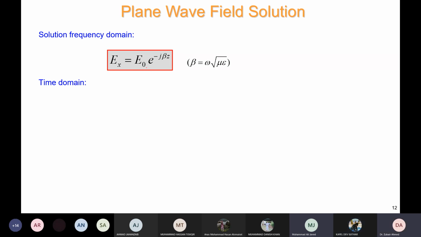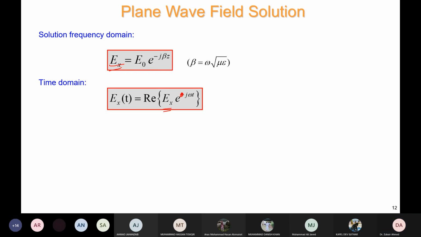So all you have to do is multiply this phasor Ex with exponential of j omega t, with a plus sign here, and take the real part. If you do so and use the Euler identity, we end up with the electric field x component as a function of time, E naught cosine of omega t minus beta z.